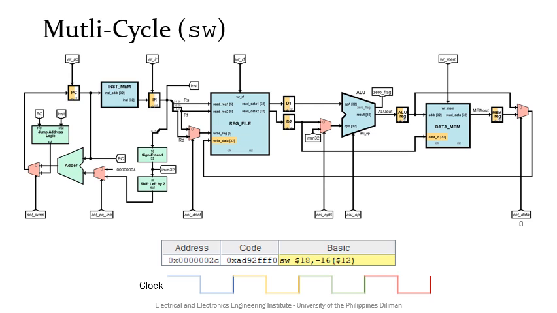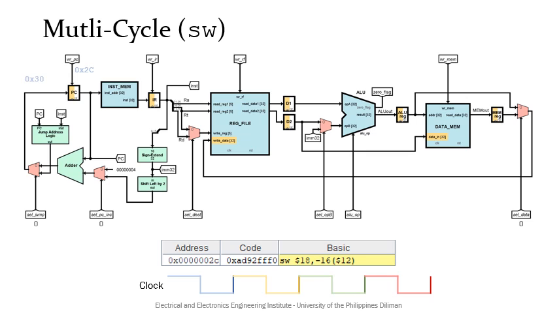Let's see how the signals will and should propagate and vary across clock cycles as we execute a store-word instruction in our proposed multi-cycle data path. From the image shown, the store word is stored at address 0x2c. The first clock cycle starts with the PC having a value of 0x2c.